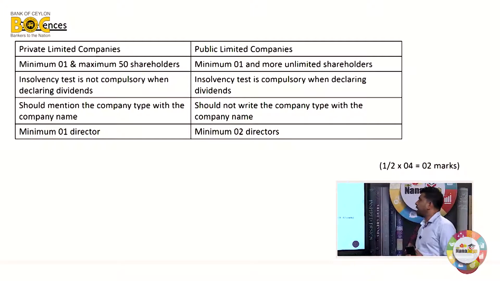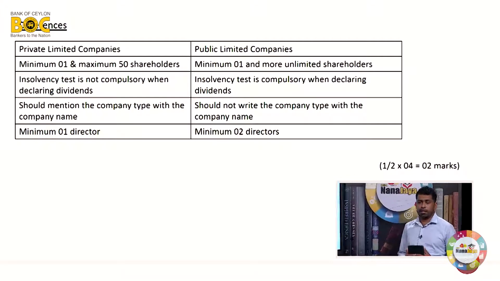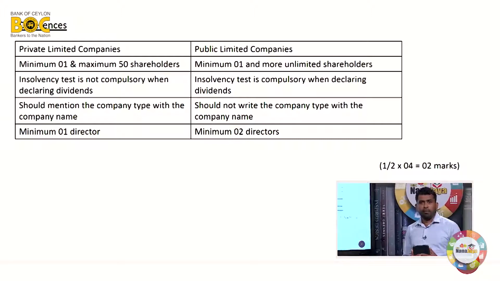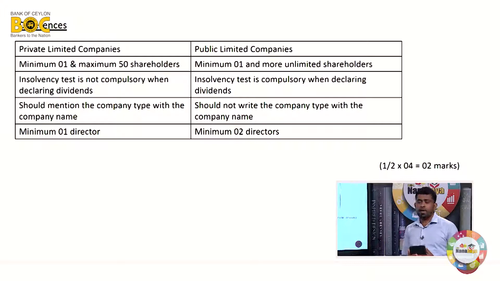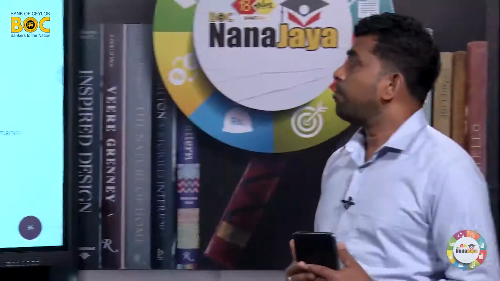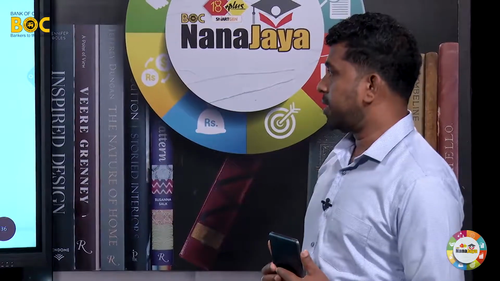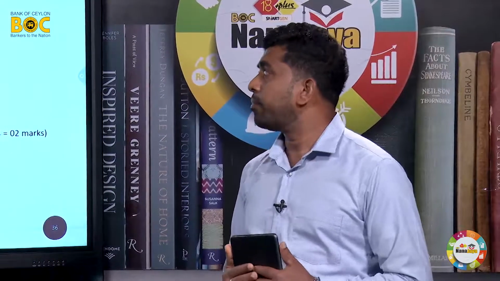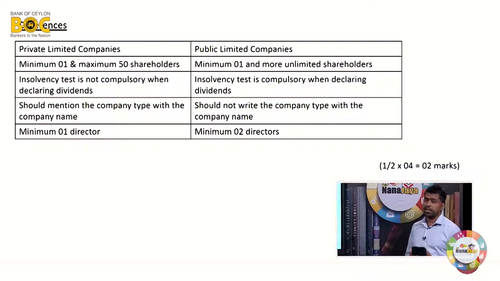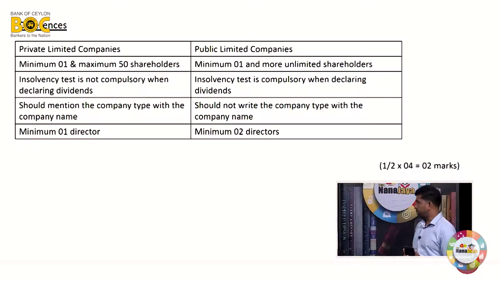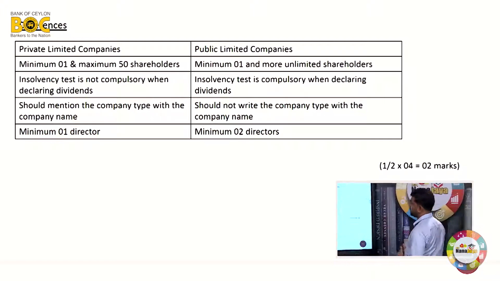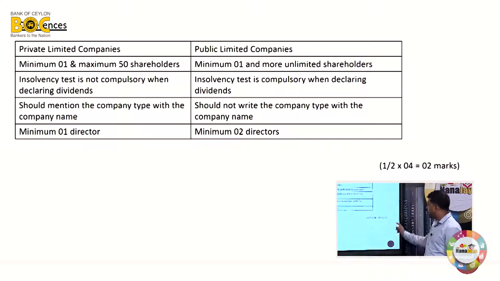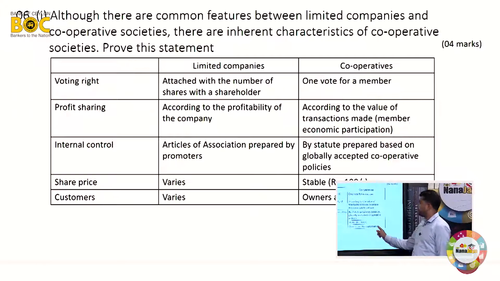When writing the company name, the type of the company should be written with the private limited company, but it should not be mentioned with the public limited companies. There is 1 director in a private limited company, but there are 2 directors in public limited companies. These are the basic differences between private limited companies and public limited companies.